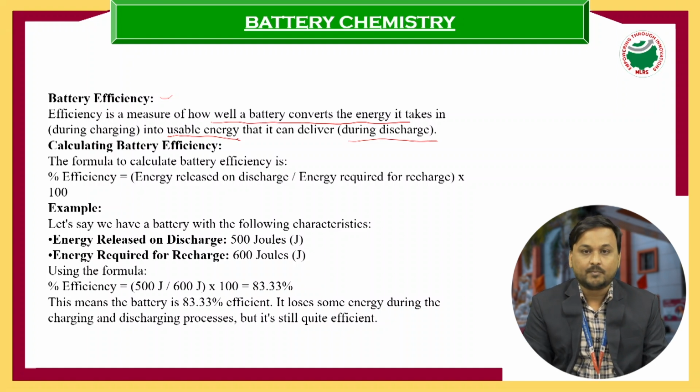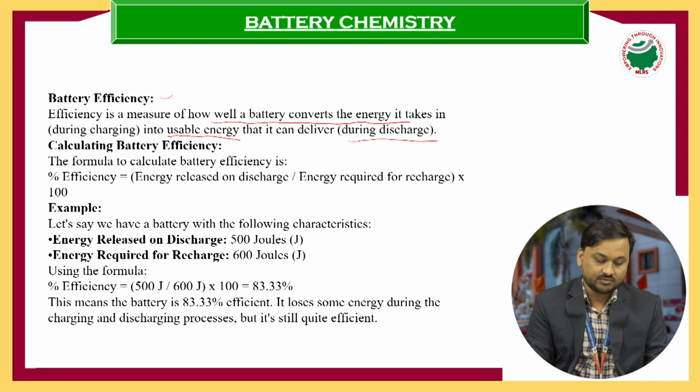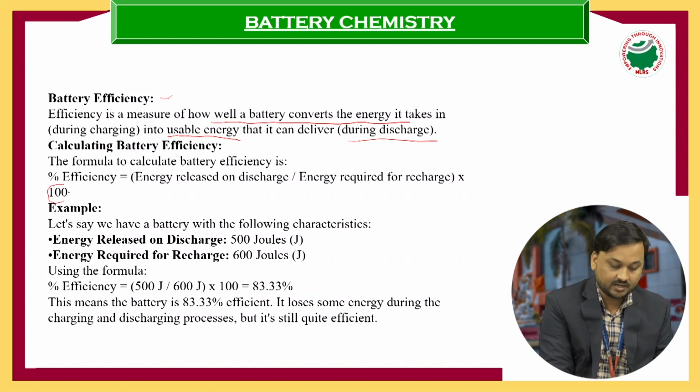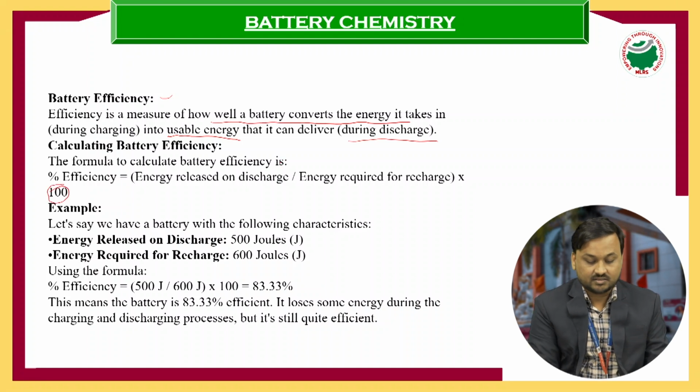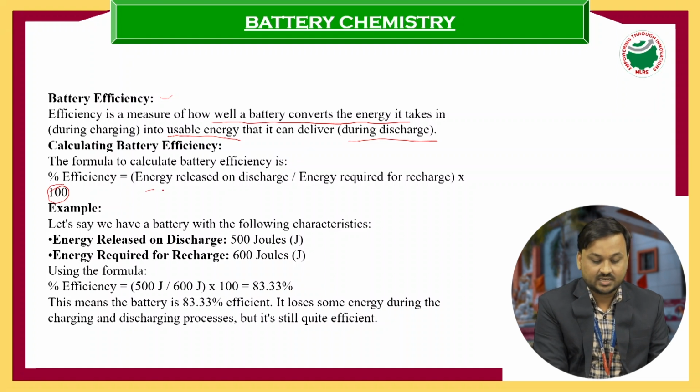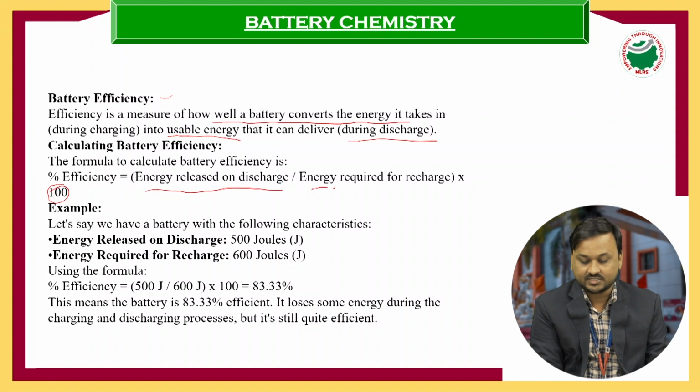If you want the battery efficiency as a percentage, we multiply by 100. The formula for battery efficiency is energy released on discharge divided by energy required for recharge, multiplied by 100.